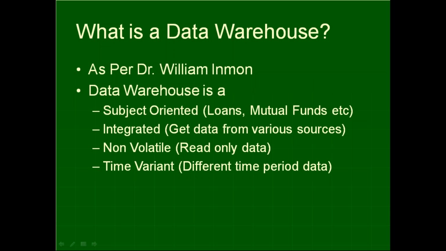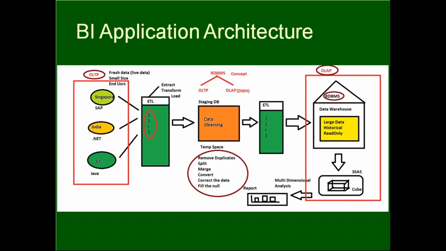Plus you have to understand this diagram. We are going to use SSAS, and here we are going to analyze. So put together we say OLAP system. Storing and processing will be done. So it is online. Online means anytime you can go there, run the query, and you should be able to get the data. That is the meaning of online.